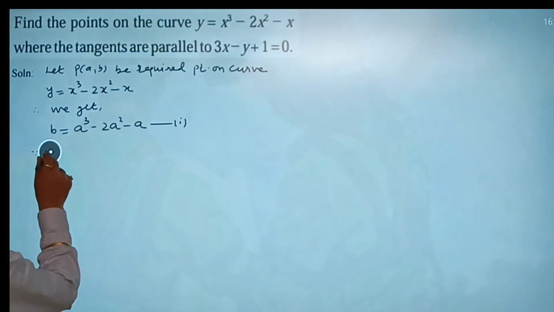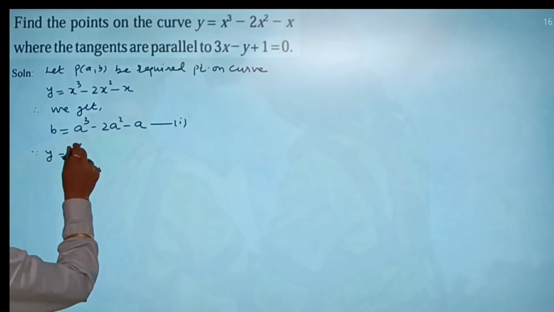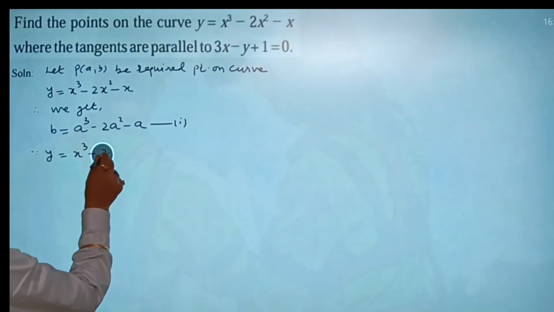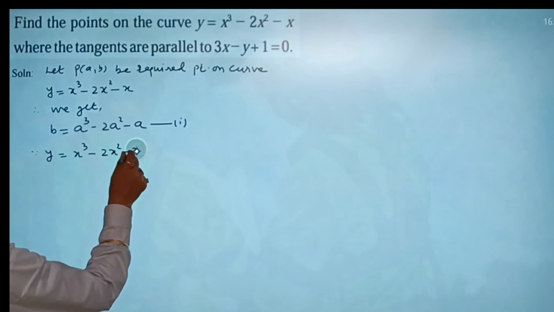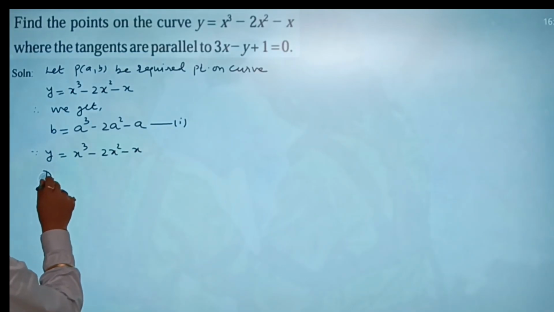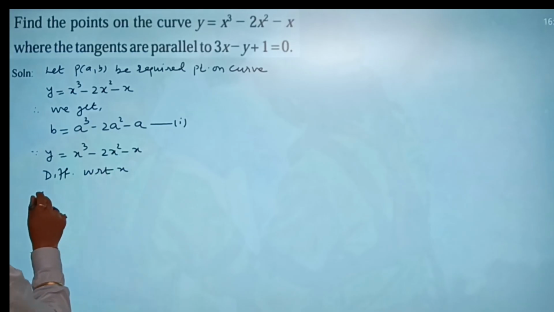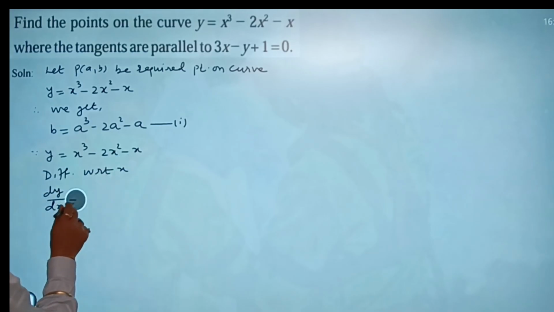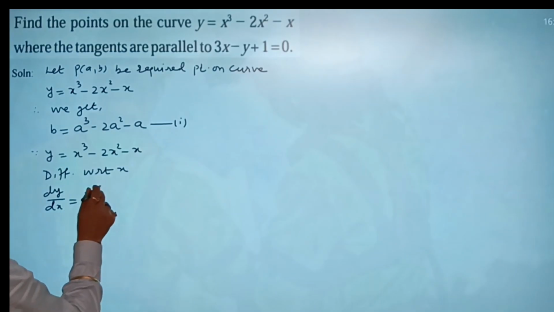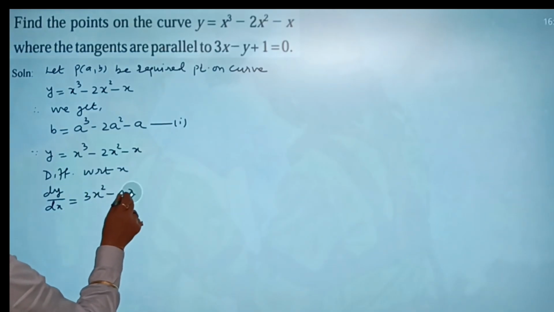Since y is equal to x cube minus 2x square minus x, differentiating with respect to x, dy by dx is equal to 3x square minus 4x minus 1.